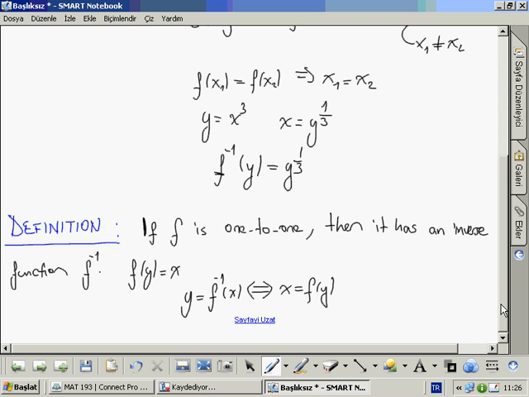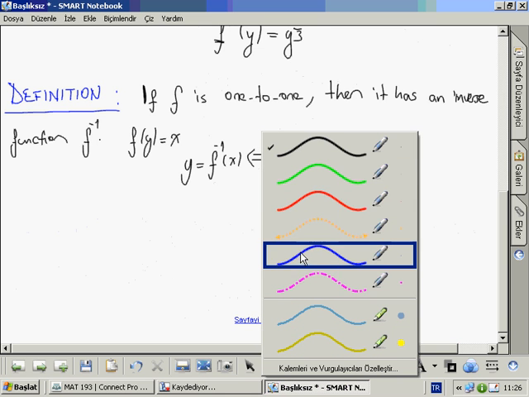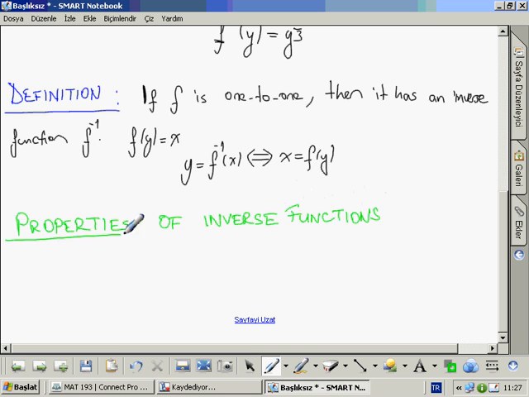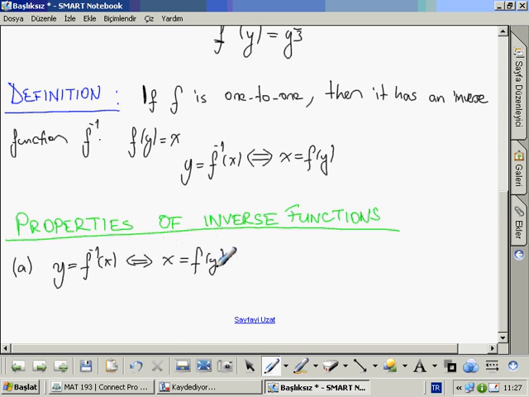Let me give you properties of inverse functions. A: it comes from the definition, if and only if x equals f of y.